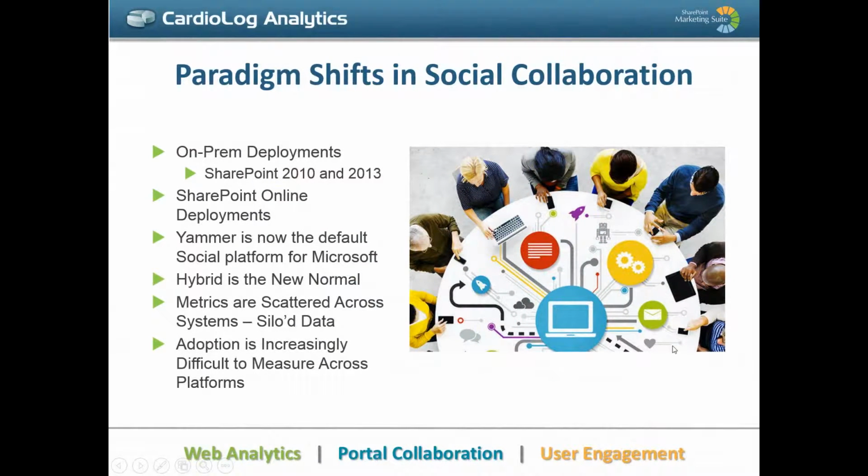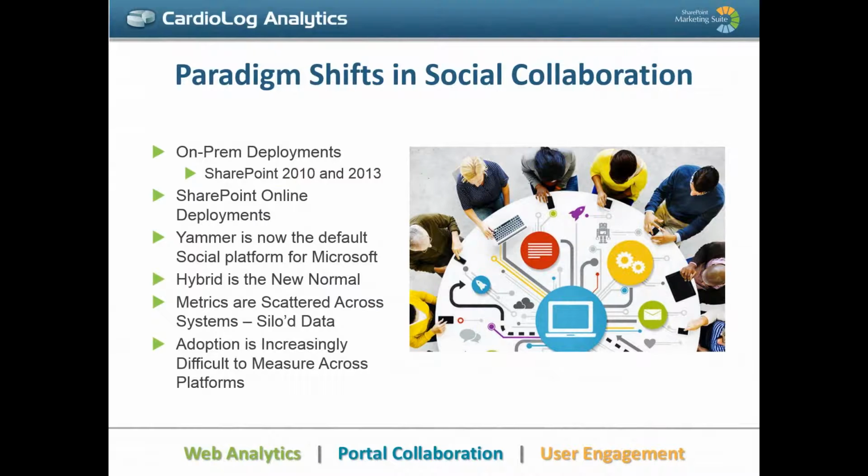So I want to talk a little bit about the paradigm shifts in social collaboration. We're seeing a significant shift from on-prem deployments for SharePoint and for all collaboration platforms, really, when you think about where the industry is going, into the cloud. And what does that mean for your organization?